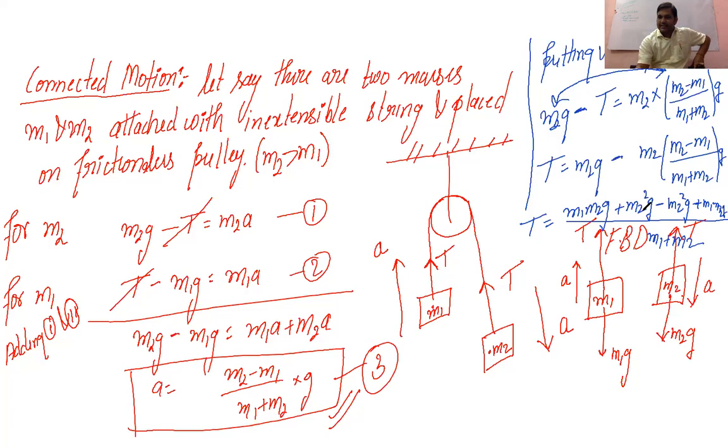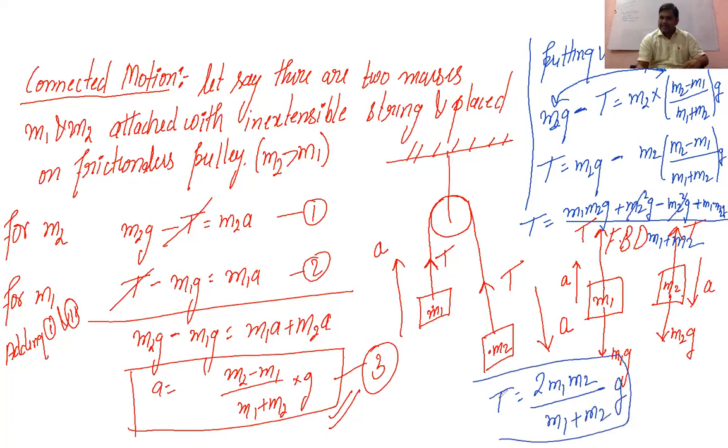From here we can just cancel out and add, and the tension will be twice of M1 into M2 upon M1 plus M2 into G. This will be the tension acting in the string from both sides. यहाँ पे ये जो टेंशन होगा बच्चे, this will be the formula, चाहे आप यहाँ का टेंशन निकालें चाहे यहाँ का टेंशन निकालें. So in this way you can solve the question based on the connected motion.